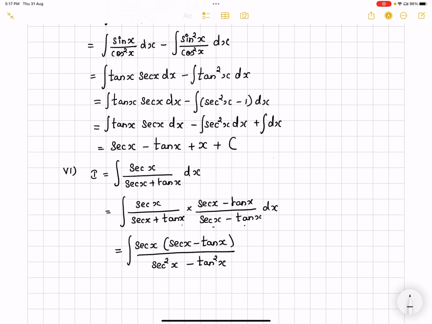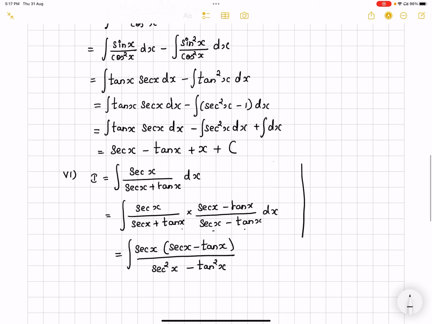Fine. So now here, when you observe secant square x minus tan square x, I hope you recall, even in yesterday's videos, we have posted that secant square x minus tan square x is going to be equal to 1. And that is how here we are writing it. What is tan square x?